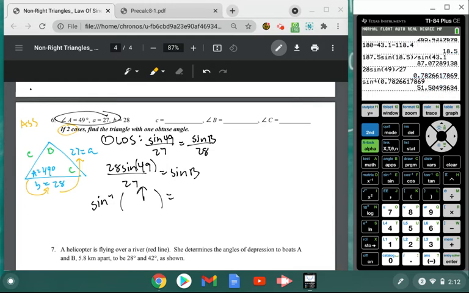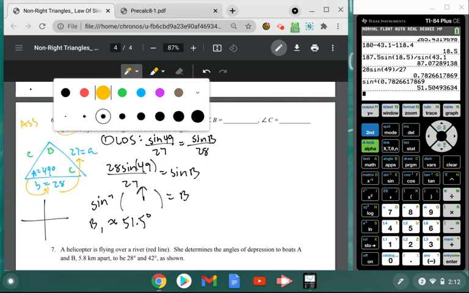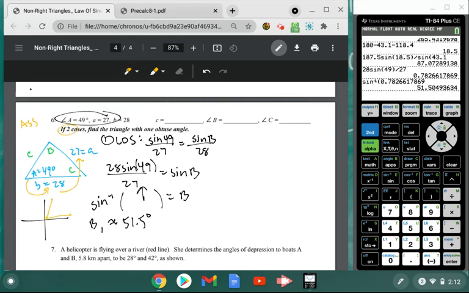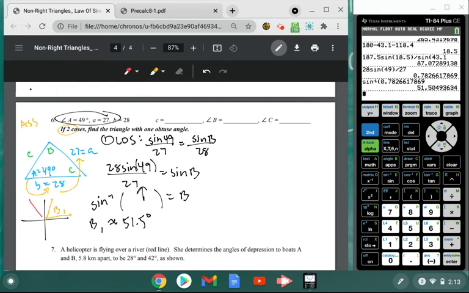So we get angle B. B1 is about 51.5 degrees, but that's the acute angle. That's all that sine inverse can give me, is the acute angle. But I know there's also an obtuse angle with the same sine value.